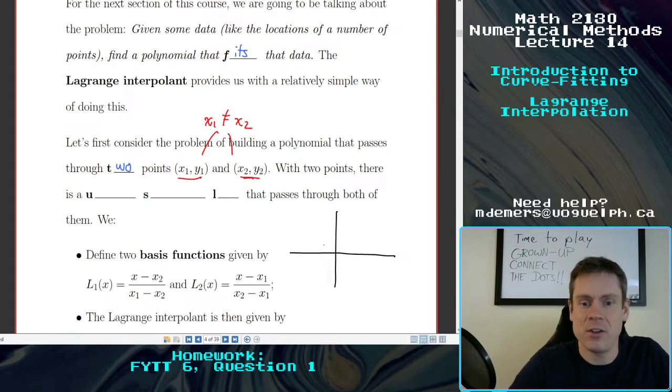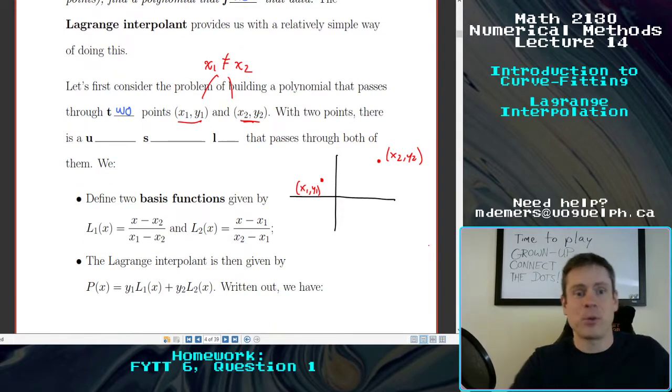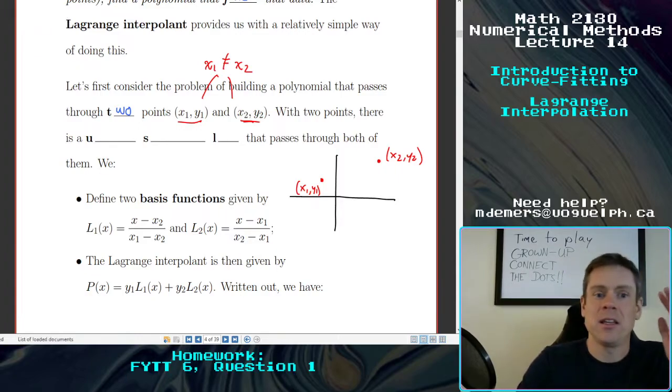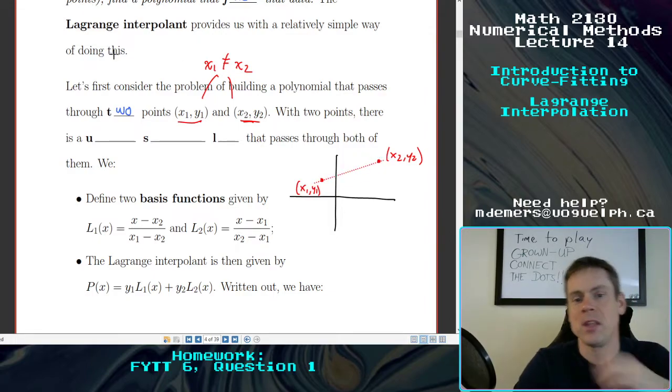So if we have 2 points, maybe it's this point right here, maybe this is x1, y1, and maybe this here is x2, y2. Okay, with 2 points, I think it's pretty clear that there's going to be a unique straight line that connects those 2 points, right?